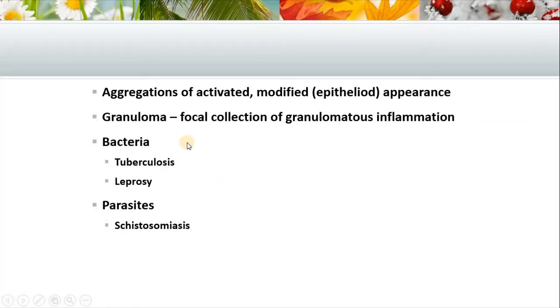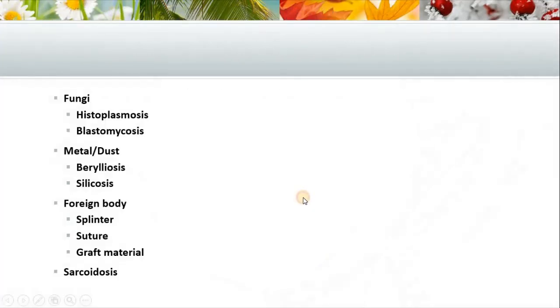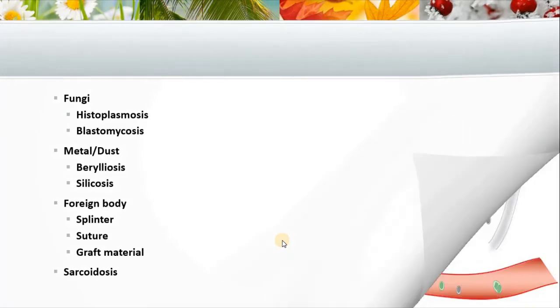Some bacteria, typical and atypical mycobacteria like Mycobacterium tuberculosis, Mycobacterium leprae, Mycobacterium bovis; parasites like schistosomiasis; some fungus; foreign particles such as metal, silicon, splinter, suture; and also unknown causes, sarcoidosis being an important cause of granulomatous inflammation.